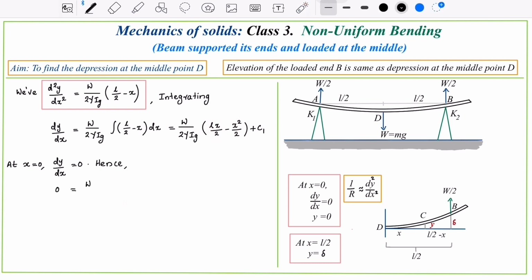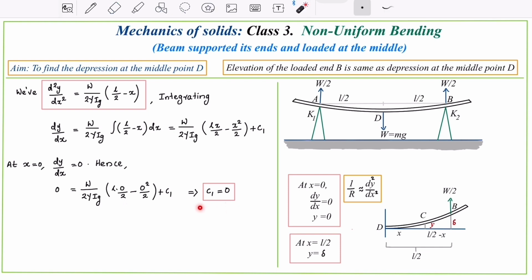Now 0 is equal to W divided by 2YIg into L into 0 by 2 minus 0 square divided by 2 plus C1. This implies that C1 is equal to 0.